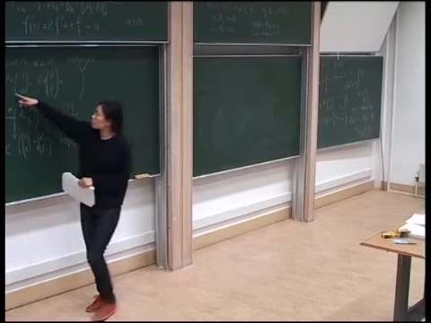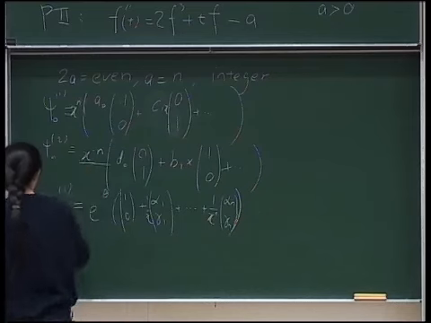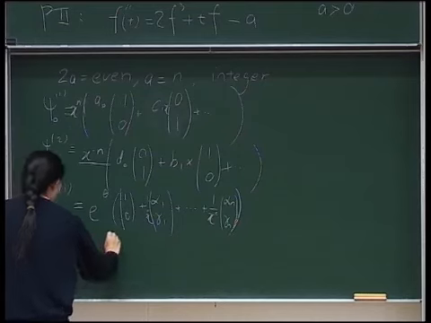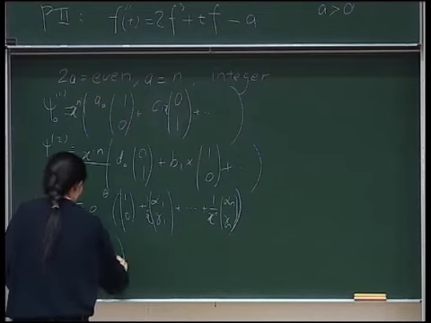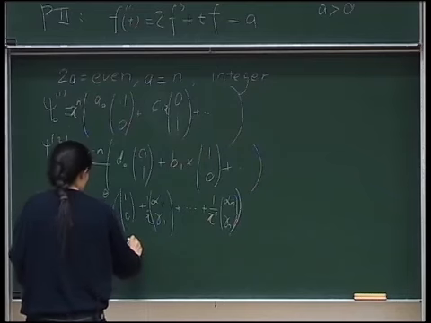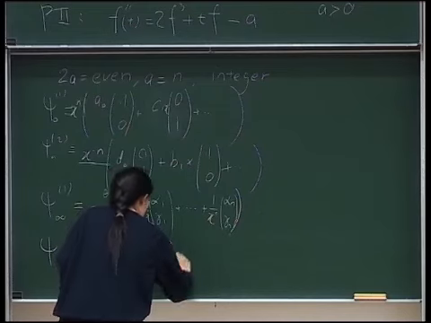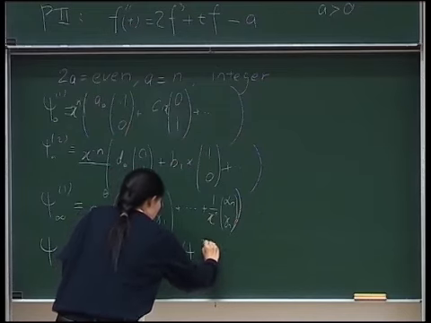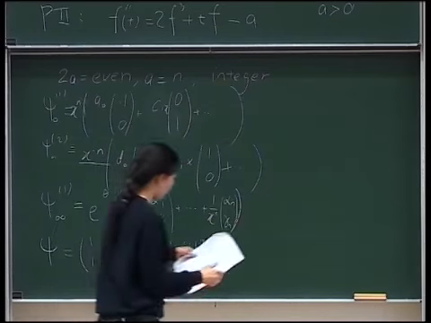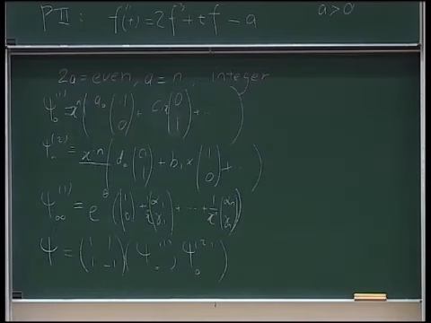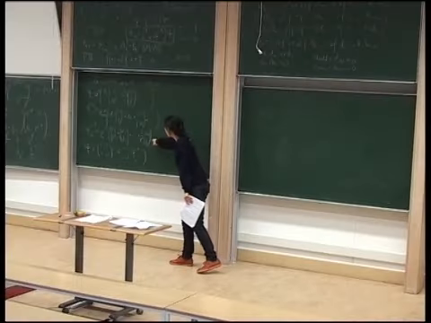I forgot to put that, so phi at 0 is 1, 1, 1 minus 1. Phi naught 1, phi naught 2. Okay. So on the left-hand side, we have this.